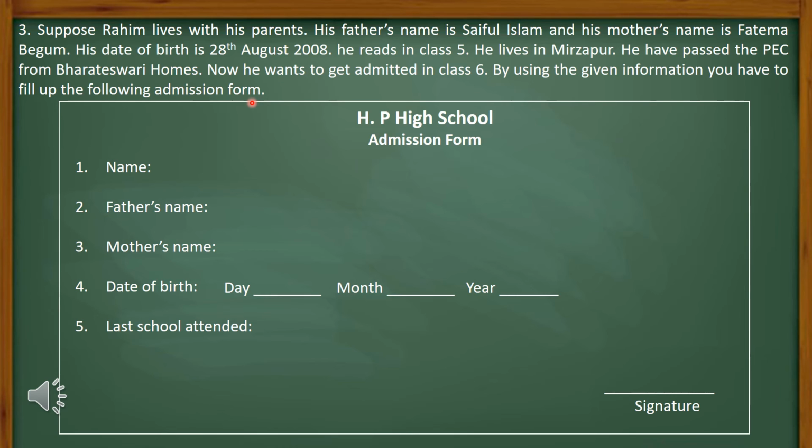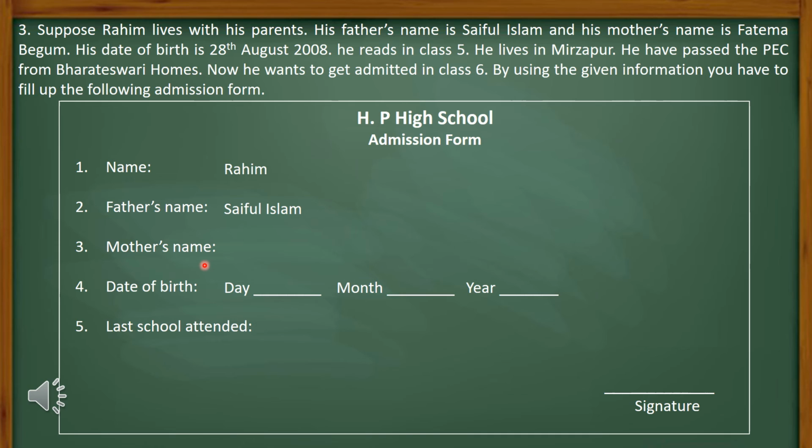Now, in this form, the authority needs some information regarding name, father's name, mother's name, date of birth, last school attended, and lastly the signature. So the name is Rahim, as we can see here. Father's name is Saiful Islam.